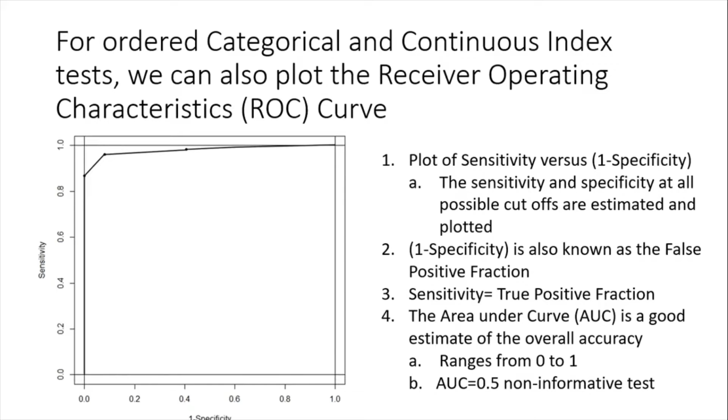Let us take the example of ferritin. As ferritin increases, there is decreasing probability of iron deficiency anemia. In that case, the area under the curve will be closer to 0. So, for AUC, we have to remember that the point of no information is an AUC of 0.5.